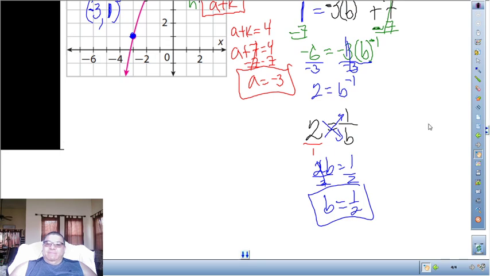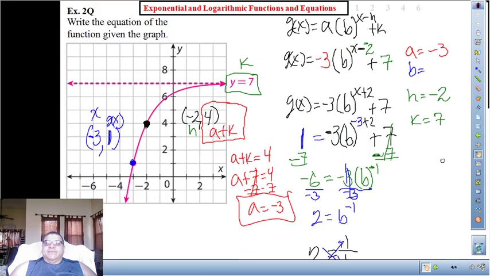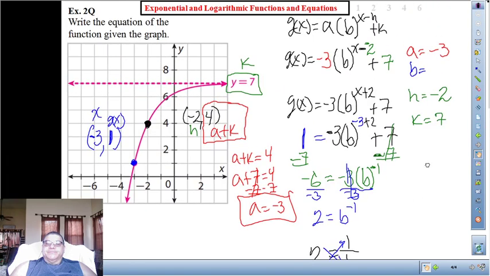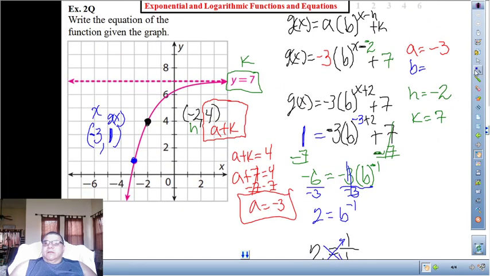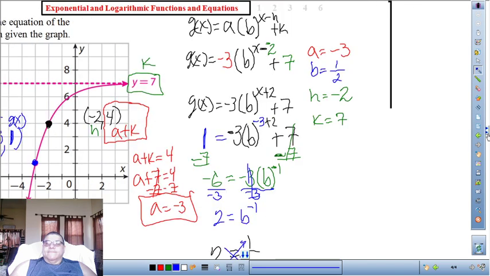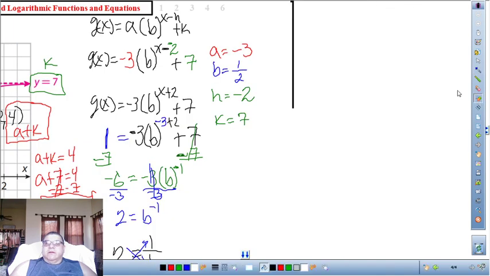So here we go. We got b equals 1/2. Let me write 1/2 right here. And now we can write our function.